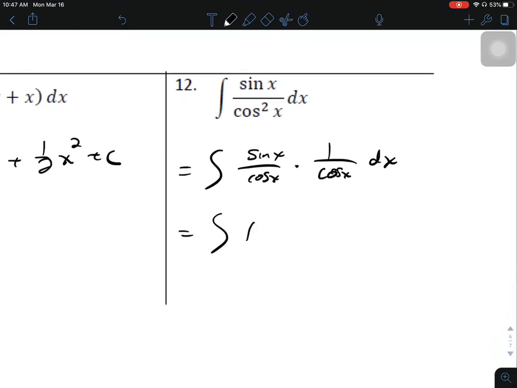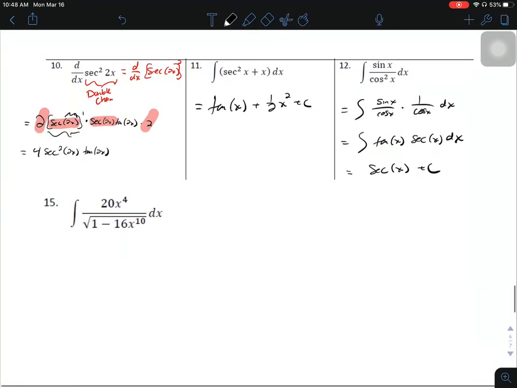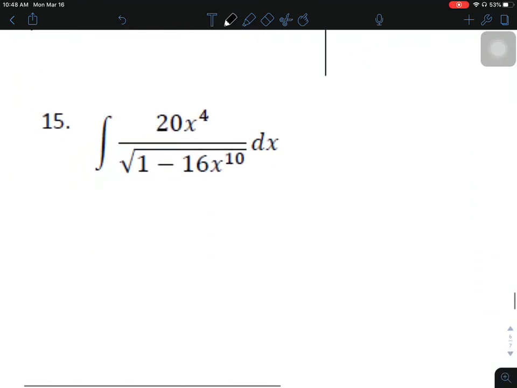Sine of x over cosine of x is tangent of x, and 1 over cosine of x is secant of x. Do we know what the antiderivative of this is? We sure do. It is secant of x plus your arbitrary constant. 4 more.